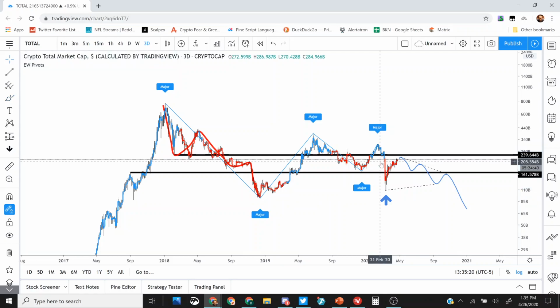So for me, we have an A, B either in progress or complete. Let me call it a W because this is a Y. At this point, it's a Y. So we have a W, X either completed or in progress, and a Y starting.